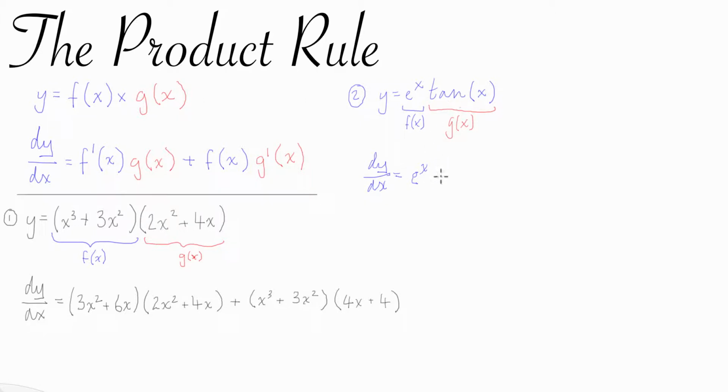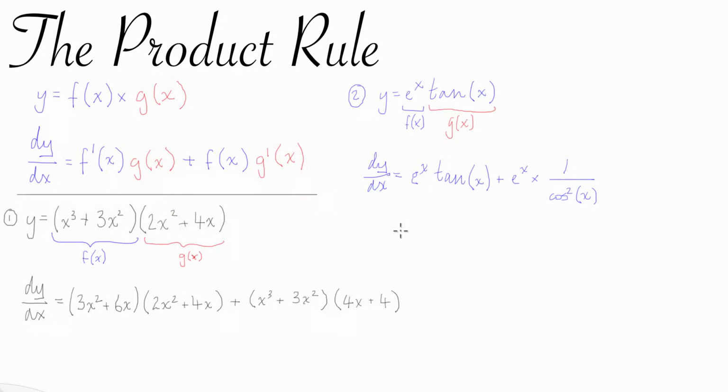times the second function left alone plus the first function left alone times the derivative of the second function. So the derivative of the second function is 1 over cos squared x.